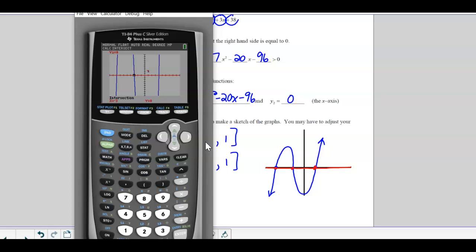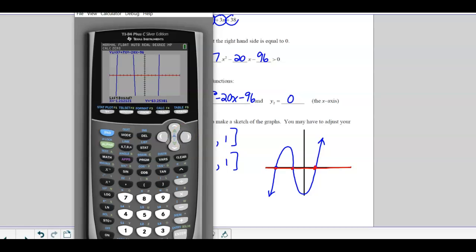Okay. Another way, if you didn't graph y2 equals 0, you can use the 0 feature. So if I go to 0, that means on my graph I want to find a point where y is 0. So let's do it for the right-hand one.